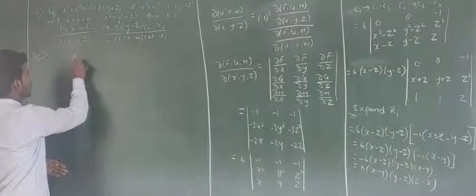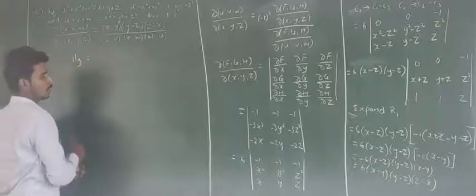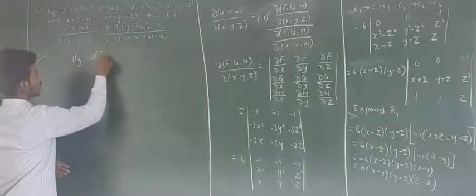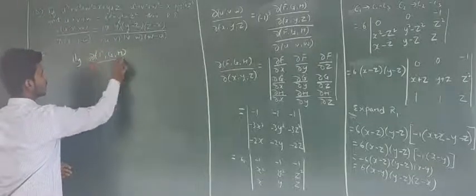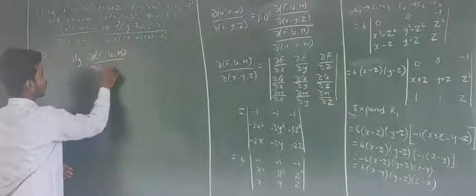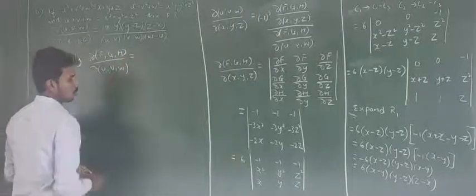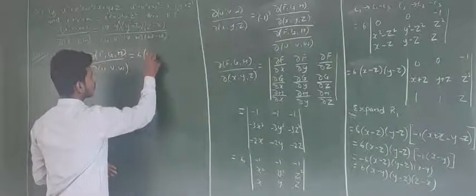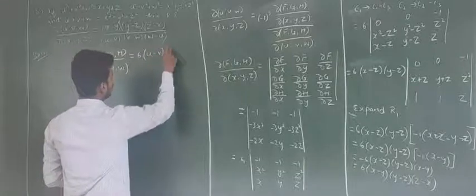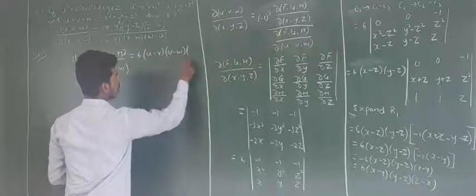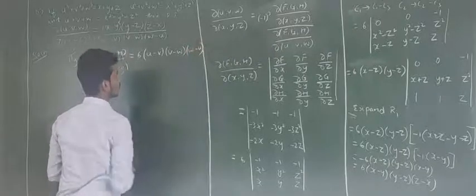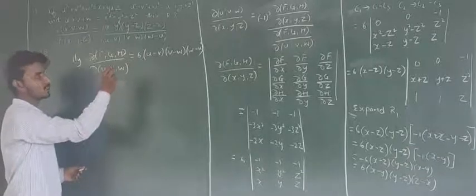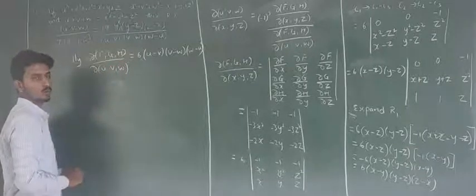Similarly, we will find dou of f comma g comma h divided by dou of u comma v comma w, which is equal to 6 of u minus v, v minus w and w minus u.